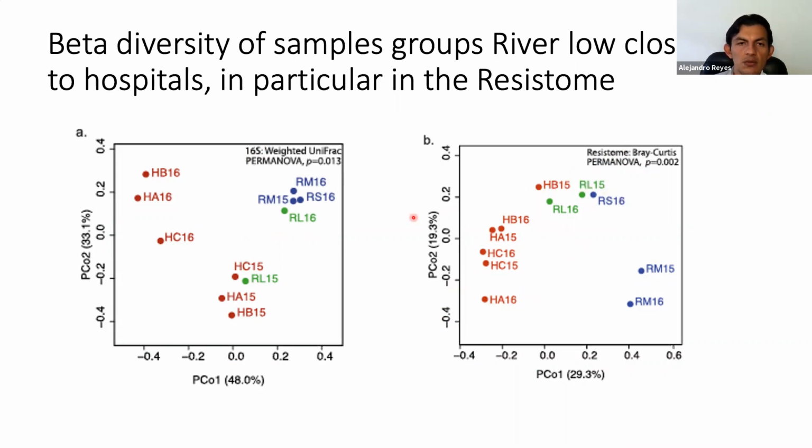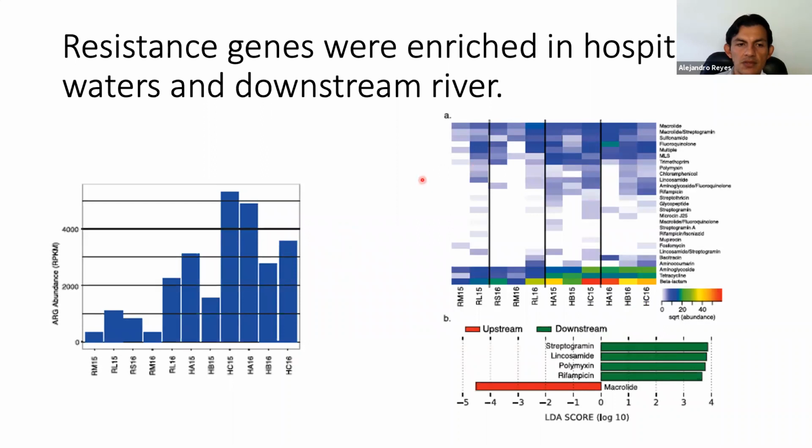So in the resistome, we were able to assemble different resistance genes. We can measure the abundance of those resistance genes. We noticed that most of the hospitals have a lot of resistance genes in those samples, but also the low river begins having a lot of resistance determinants as well. And we can see there's a wide diversity of resistance genes that we can find in all the samples.